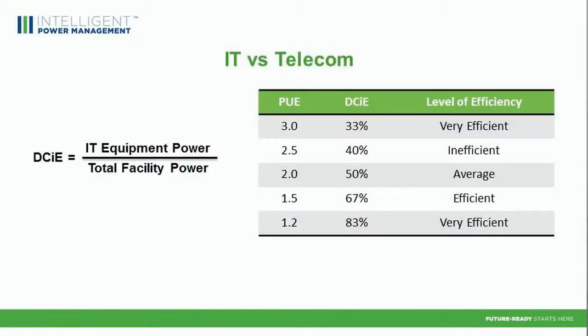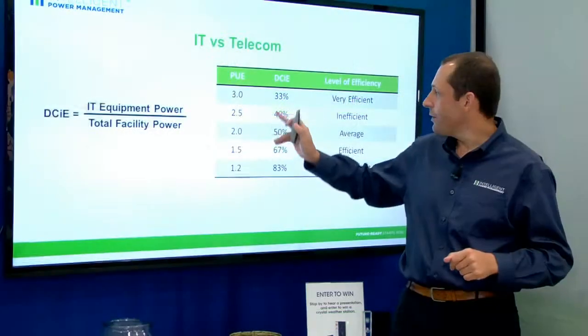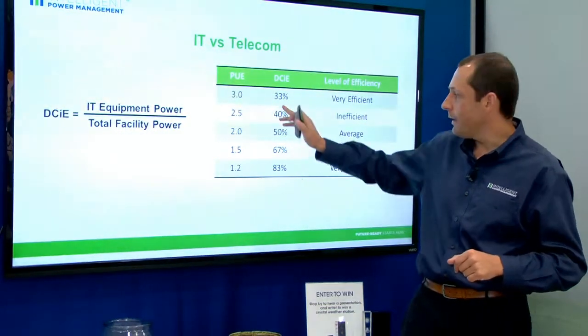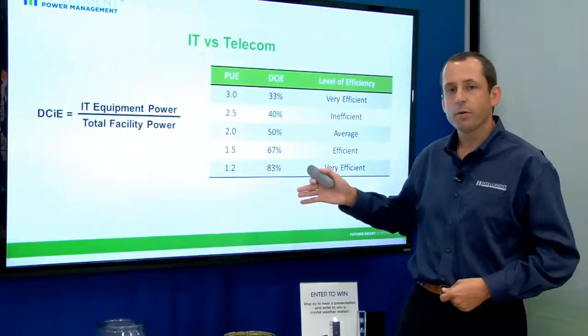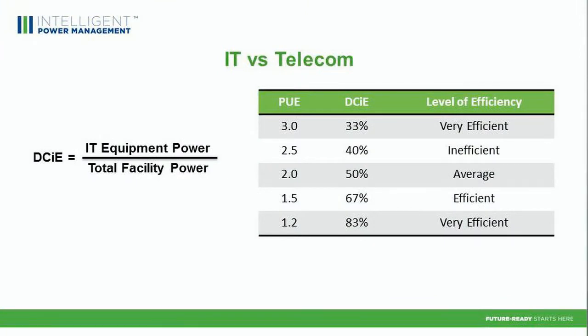In this case, we have the IT consumption divided by the total facility consumption, and you find a percentage. And you basically have a sample table here showing how you can rate from an efficiency perspective, from the most inefficient environment to the most efficient environment.